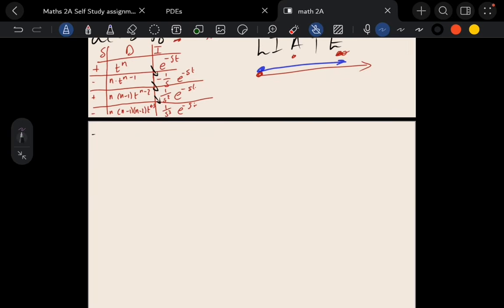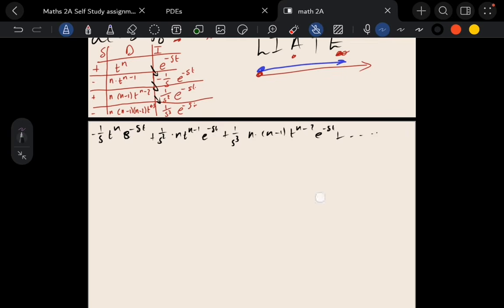So now I have negative 1 over s t to the power n e to the power negative st plus 1 over s squared times n times t to the power n minus 1 e to the power negative st plus 1 over s cubed n times n minus 1 t to the power n minus 2 e to the power negative st, and so on. This thing will continue forever.